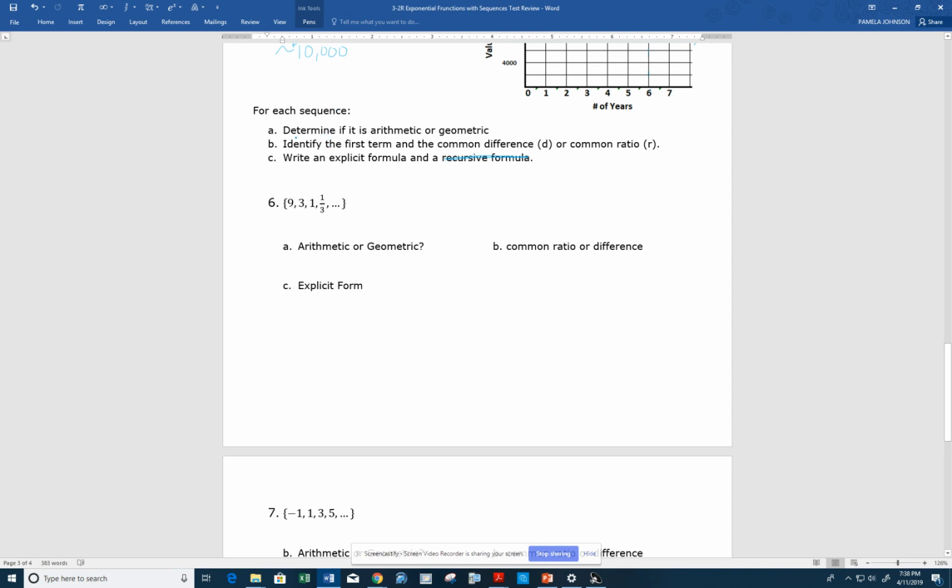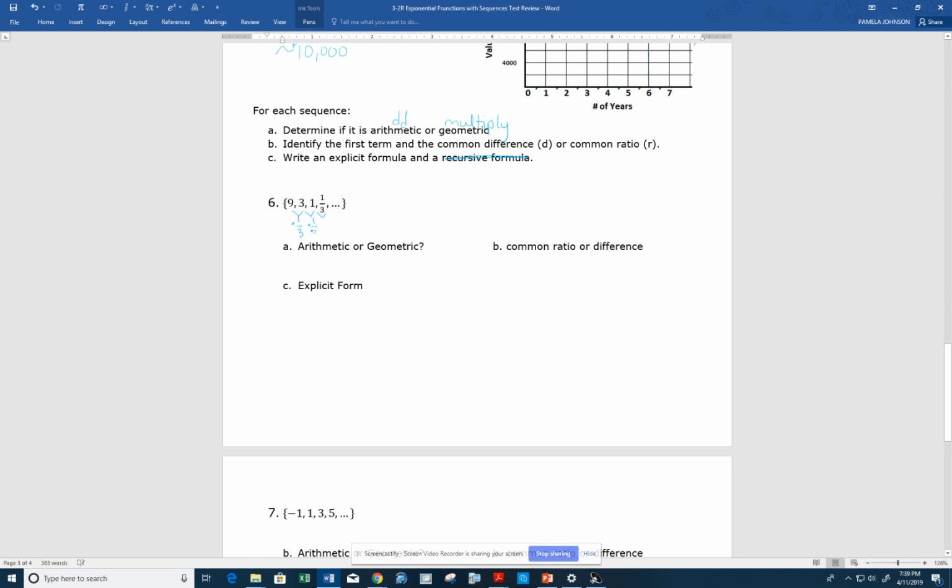So determine if it is arithmetic or geometric. Now, arithmetic, remember, we're going to add the same thing each time. Geometric, we're going to multiply. So if we look from 9 to 3, and then 3 to 1, and then 1 to 1/3, we're multiplying by 1/3 each time.